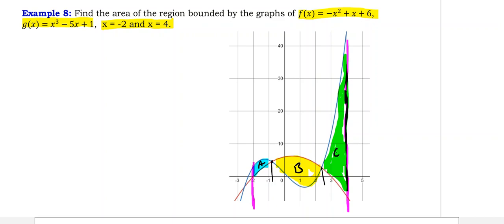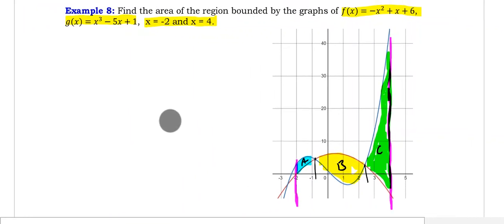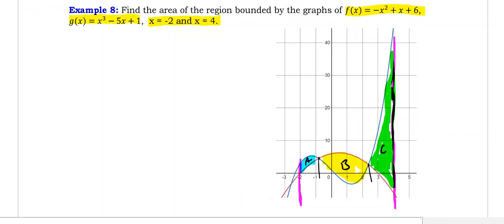And Desmos will tell you where these graphs cross. So it turns out that this point right here is -0.813, and this point right here is going to be 2.388.